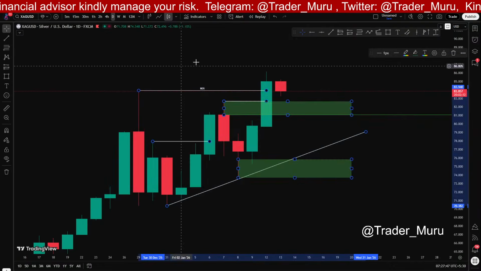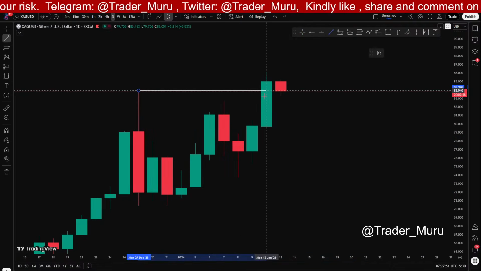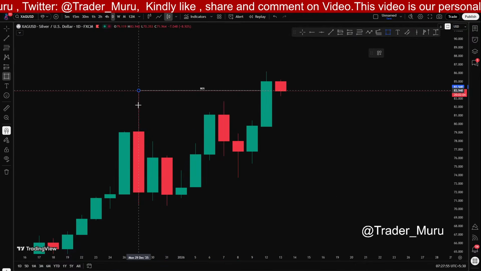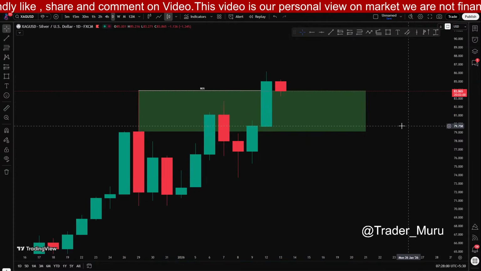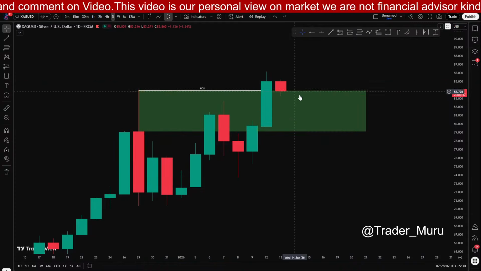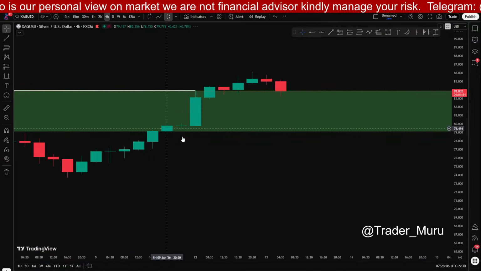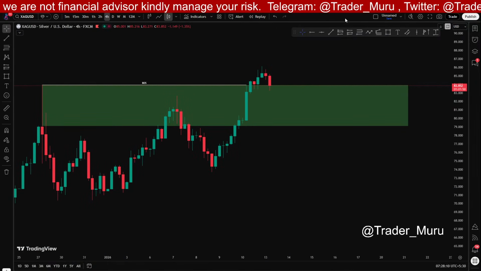After the breakout structure, the topmost wick is your buying zone. This one. This full area is your buy zone, and this area is very big, so we will be dividing it into parts.